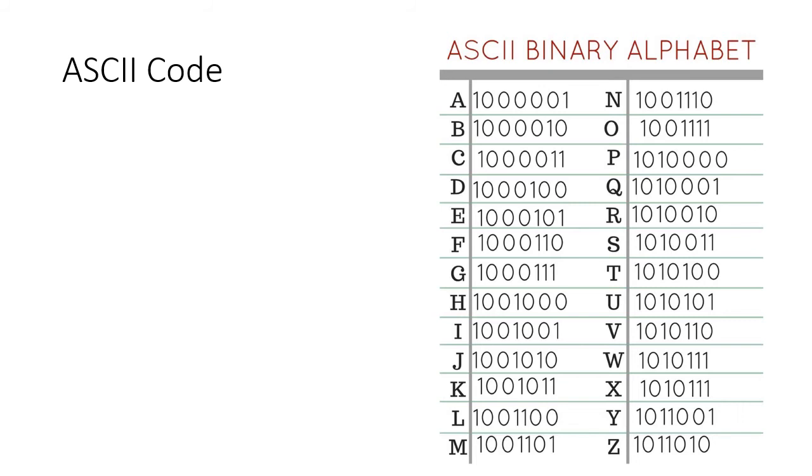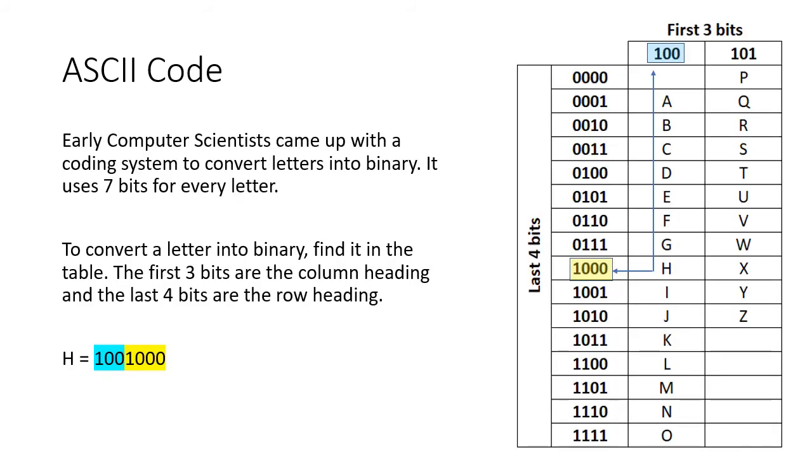So it's difficult to see on here, but I'm going to show you this in a slightly different way that you might find easier to work out. So early computer scientists came up with a coding system to convert letters into binary, and it uses 7 bits for every letter. So the first thing that you need to do is find your letter in the table, and the first 3 bits are in the column heading and the last 4 bits are in the row heading.